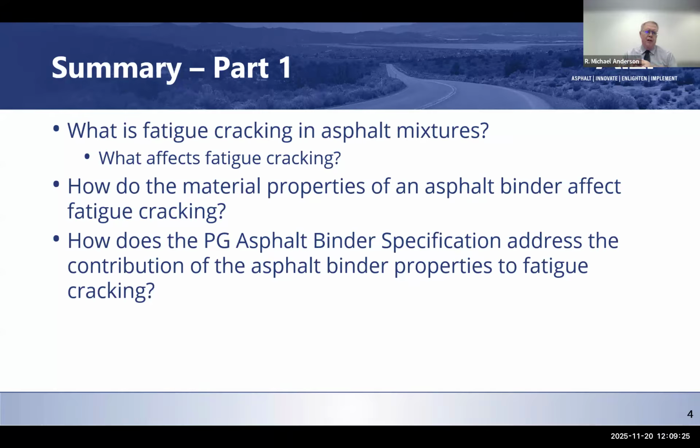That parameter is G star times sine delta. It's determined after aging, and we're simulating longer term aging with the PAV, and we're doing it at intermediate temperatures because we're trying to simulate more of what the temperature of the pavement looks like year round. And that needs to be a temperature that's appropriate for the climate and for the asphalt binder grade that you're using.